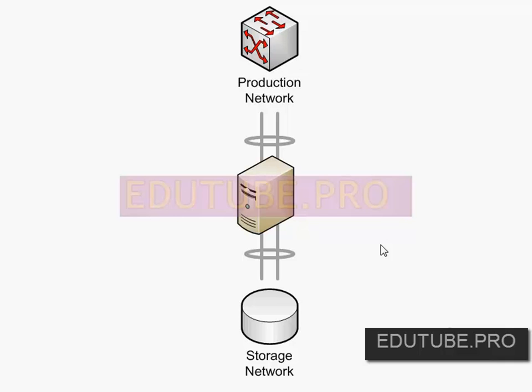Storage traffic in many environments tends to be at a level, the amount of throughput that's required, that is much, much greater than production networking. And so if I'm running, for example, single gigabit connections, I may need to have a separate pair of connections that get my ESX server down to its storage.